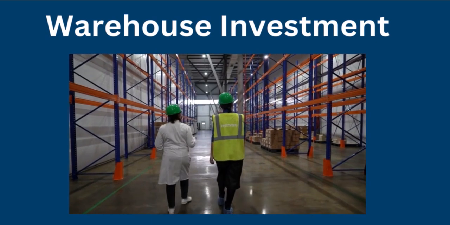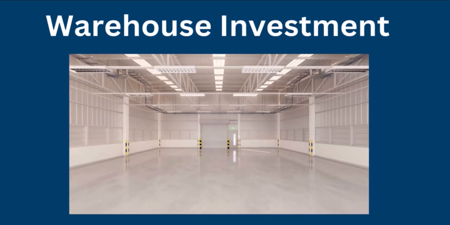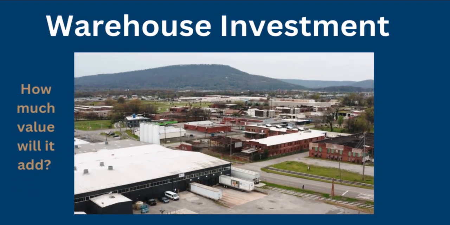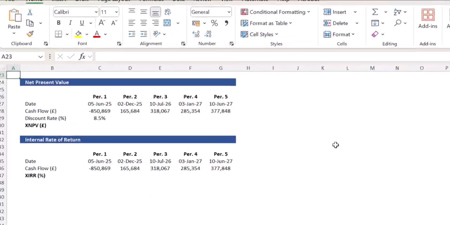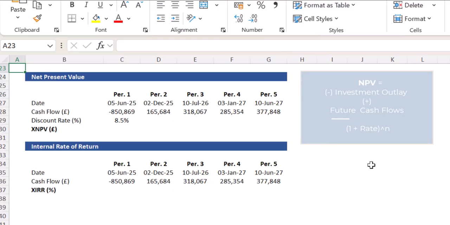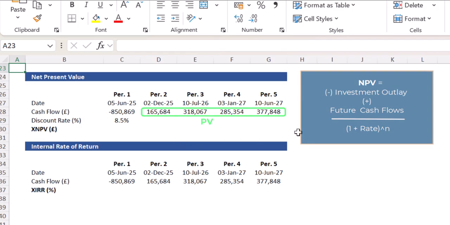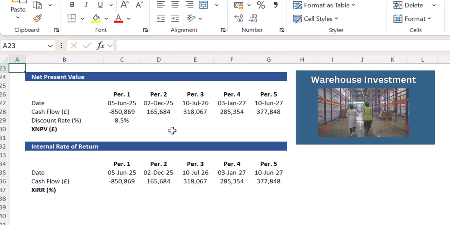Let's assume now you're about to purchase a warehouse which you will refurb and rent out for 5 years. How much value will that investment add to you based solely on this information? This can be answered with the net present value assessment. Net present value is basically the sum of the investment to be made at today's date and the present value of a stream of cash flows, such as the net rental income of our warehouse example.